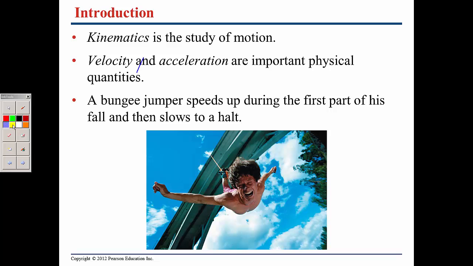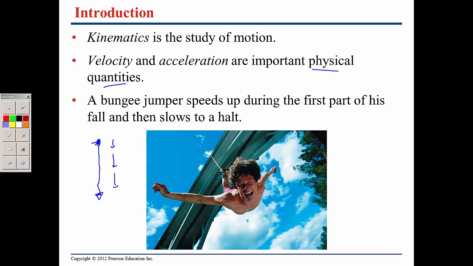Now, kinematics is the study of motion. And when I say motion, I mean we're going to talk about position, velocity, and acceleration. They're the important physical quantities that we're going to talk about. So if you think about a bungee jumper that's moving up and down, this bungee jumper is going to jump off the bridge and start to fall faster and faster and faster.